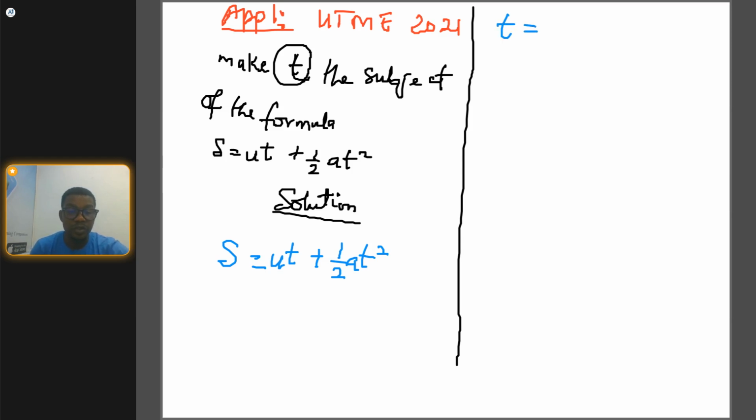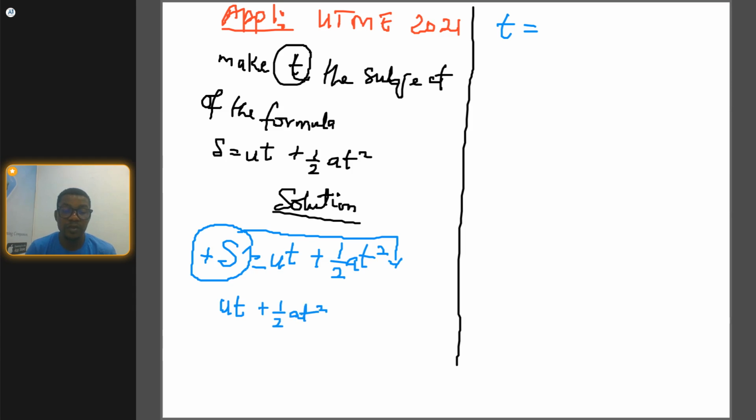Okay, now to solve this, s has a positive value before. We take it out. When we take it out, we have ut plus 1 over 2 at squared.